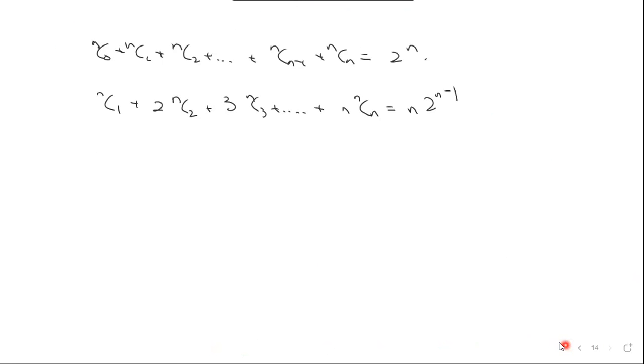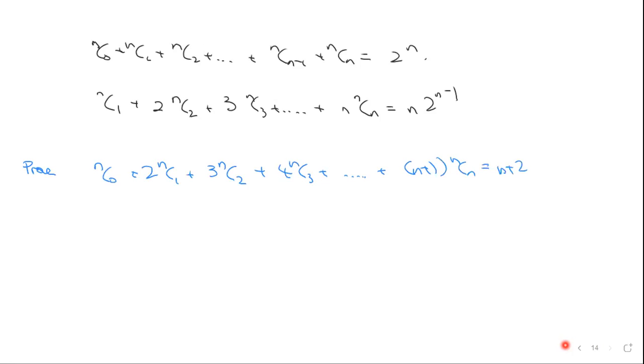Remember what we're trying to prove. We're trying to prove that nc0 plus 2 nc1 plus 3 nc2 plus 4 nc3 plus dot, dot, dot, plus n plus 1 ncn equals n plus 2, times 2 to the n minus 1.